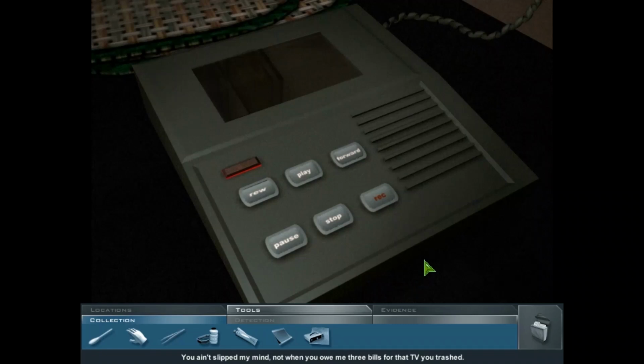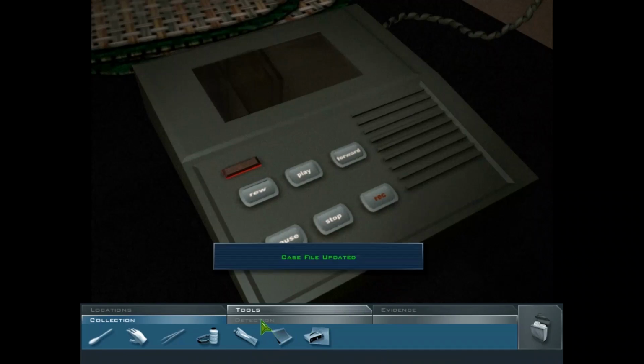Forget about me. Well, you ain't slipped my mind. Not when you owe me 3 bills for that TV you trashed. Oh, unless, of course, you can think up another way to settle up. Seems our hotel manager knew Kylie better than he was letting on. Let's bring this information to brass.